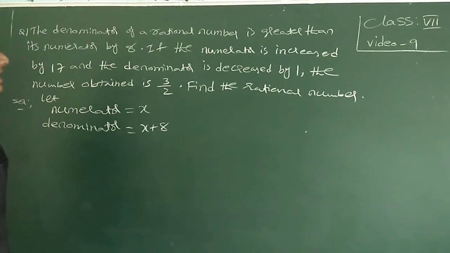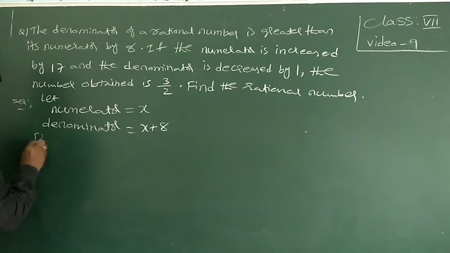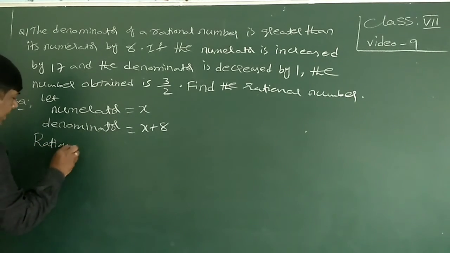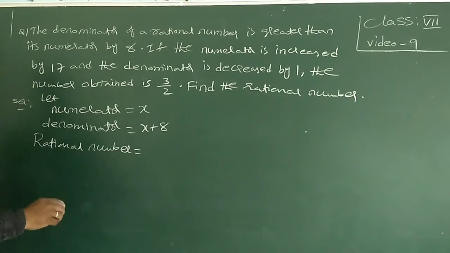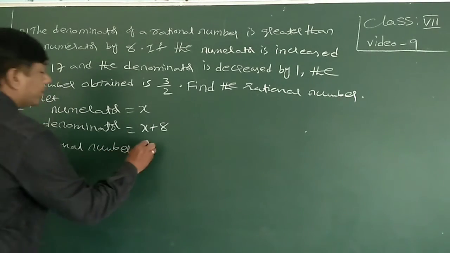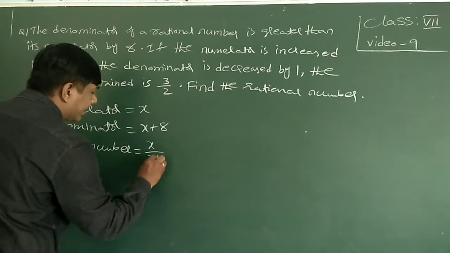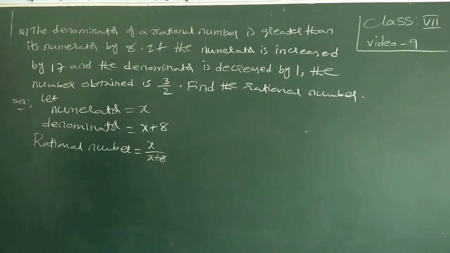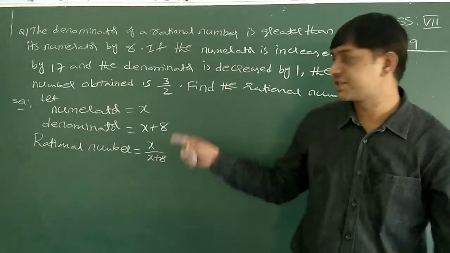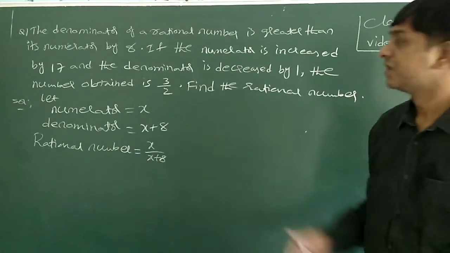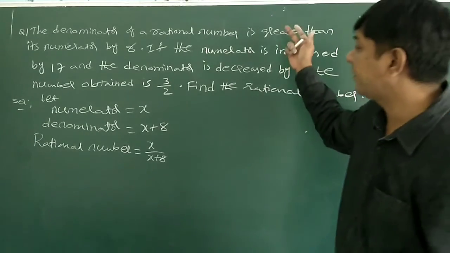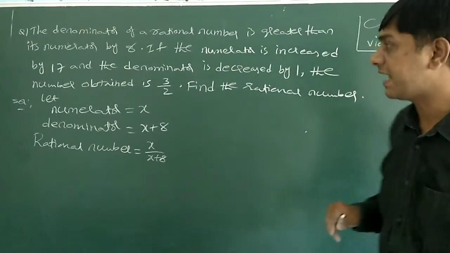The numerator is increased by 17. First of all, what is a rational number? Rational number is equal to numerator by denominator. I suppose the numerator as x, denominator as x plus 8. Now the rational number is equal to x by x plus 8.